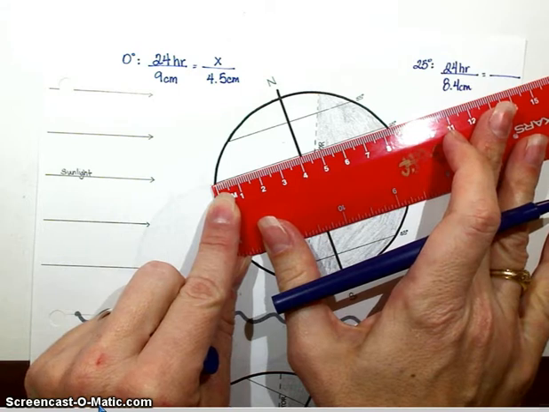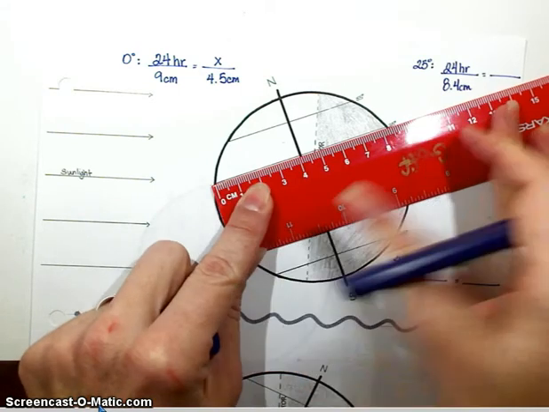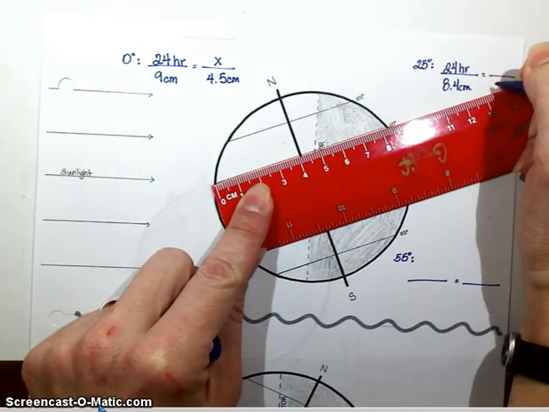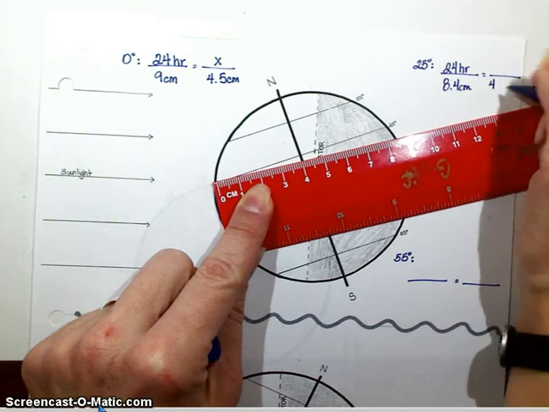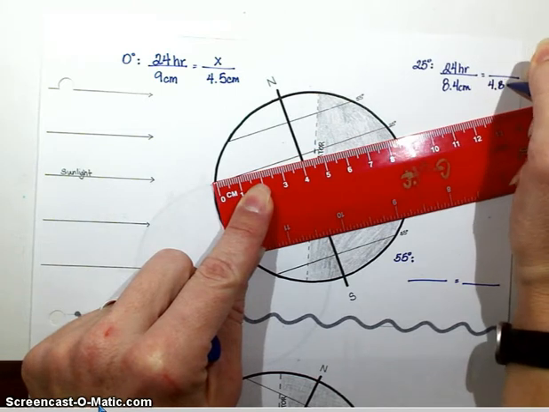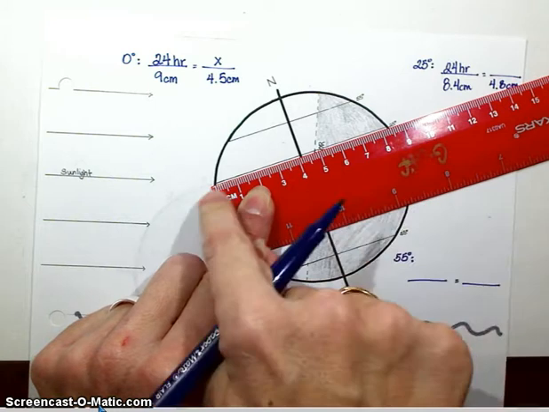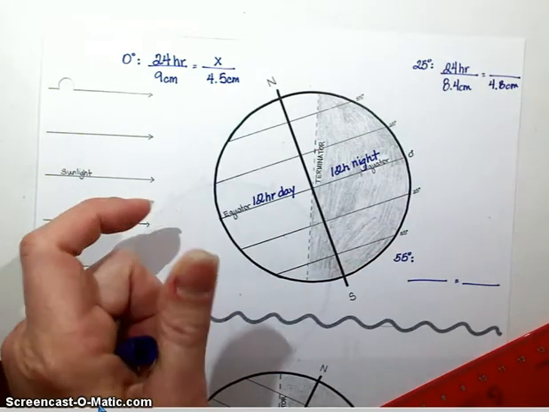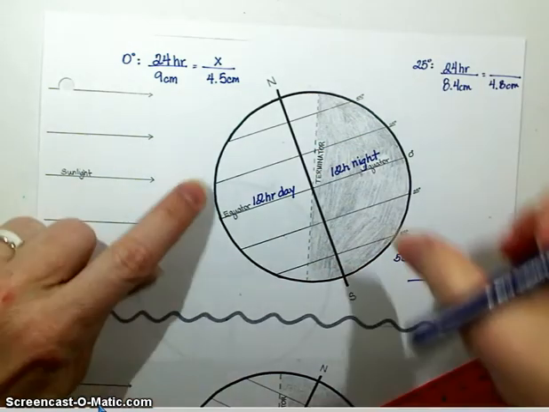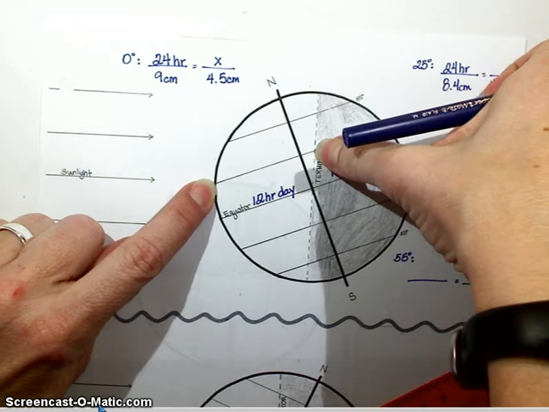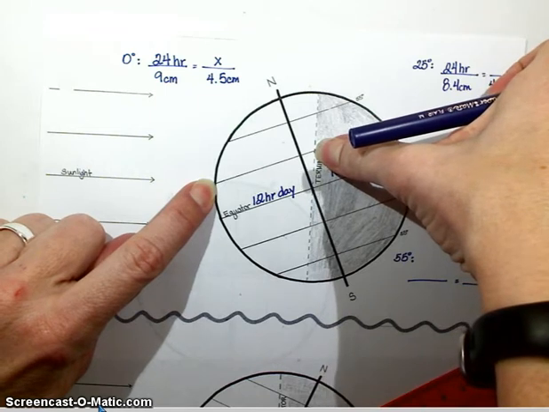So that's going to be, it looks like 4.8. I'm not measuring to the axis. I'm measuring to the terminator. So here to here. I'm measuring this portion right here, the day portion on the 25 degrees.